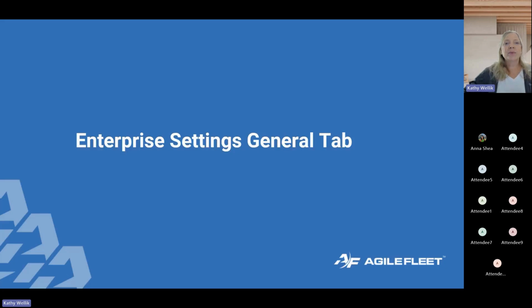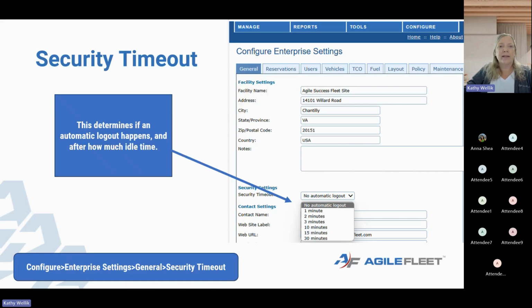So next, we're going to go into the Enterprise Settings General tab and go through what is in this tab. To get there, you're going to go to Configure, Enterprise Settings, General, and we're going to take a look at the Security Timeout.